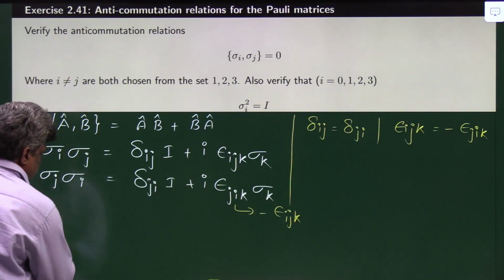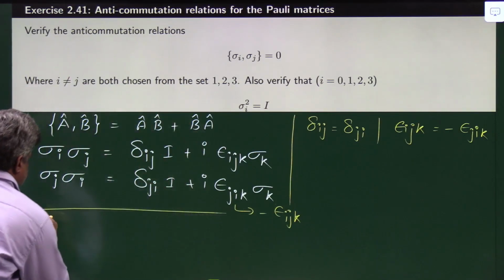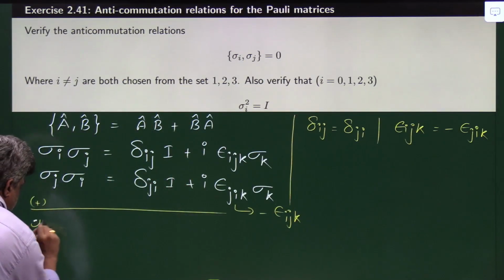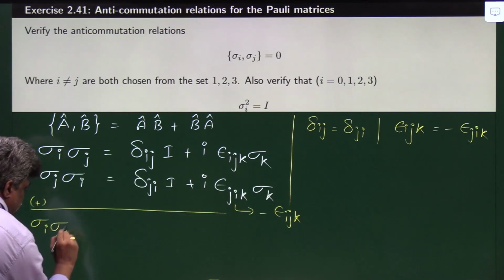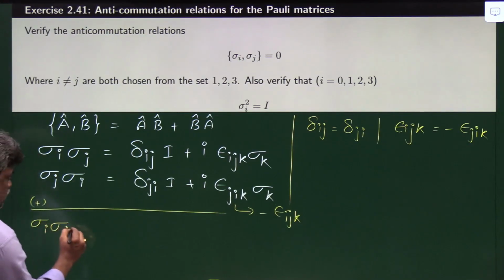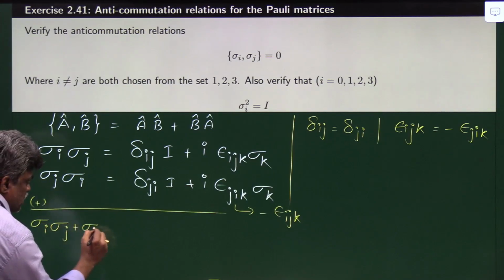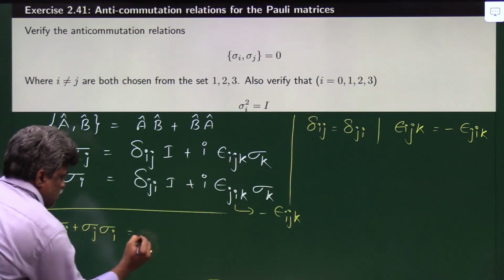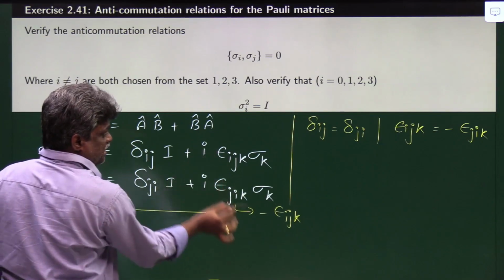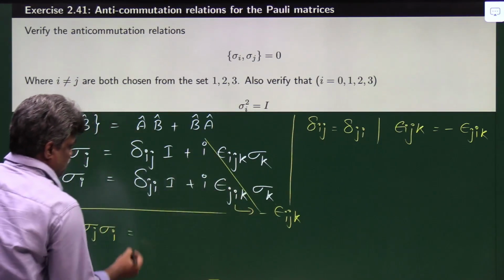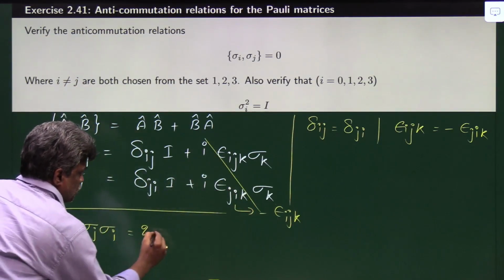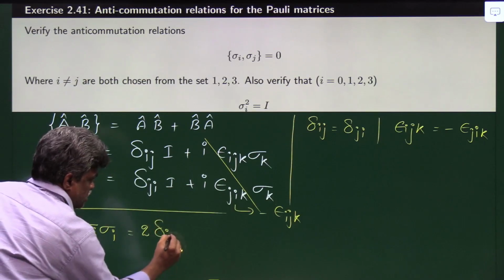So if I add sigma i sigma j plus sigma j sigma i, these two terms get cancelled because of the minus, and we are left with 2 delta ij I.